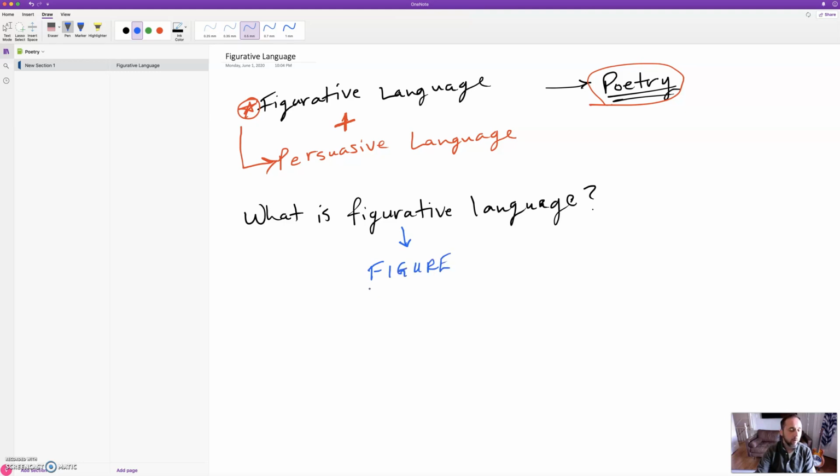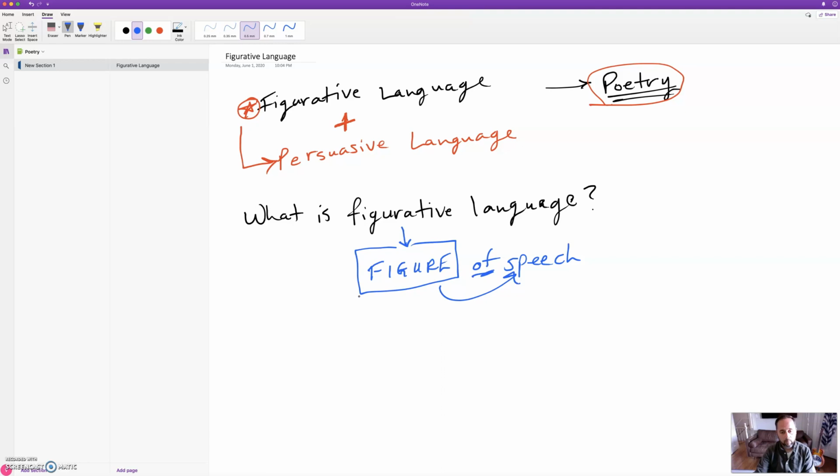Well, does that help us at all? What does that mean, a figure? Well, we say a figure of speech as well is another way to describe figurative language, a figure of speech. But has that helped us at all to clarify what do we mean by figure? Figure of speech.